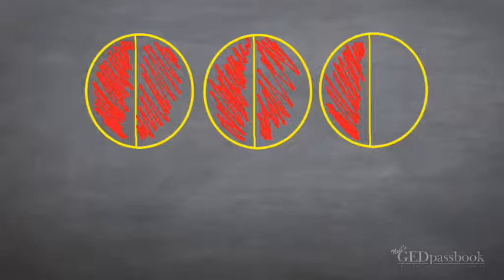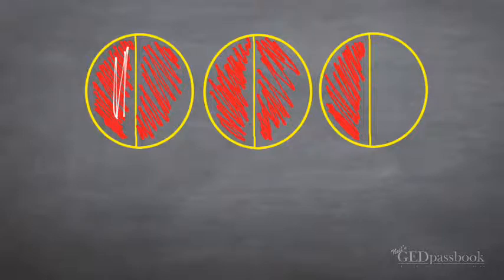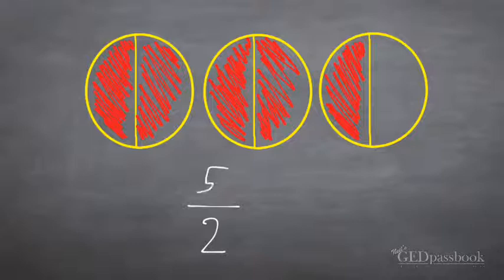How many pieces are in each pie? 2. If you notice, all of them have 2 pieces. That's important because that 2 is going to be your denominator. Now all you have to do is ask yourself, how many pieces overall are shaded red? 5. So that 5 goes up top. Boom, you just found your improper fraction.